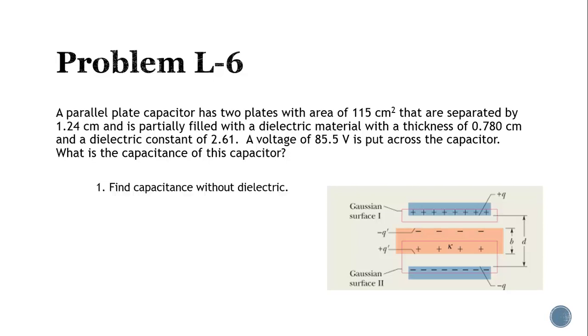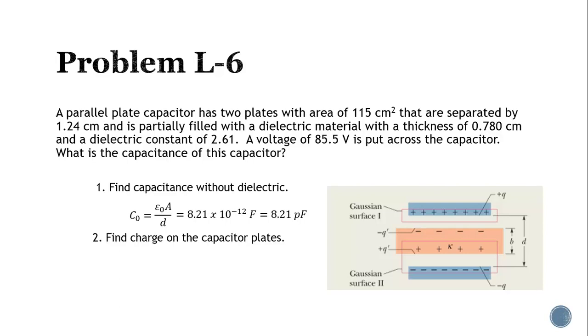First of all, find the capacitance without the dielectric. Well, that's pretty easy. We could use Gauss's law to find the electric field, or I could just use the formula for a parallel plate capacitor. Plug in the values I have, I get 8.21 picofarads. Second step is to figure out the charge on the capacitor plates. That's easy once I know the capacitance, because capacitance times voltage equals charge.